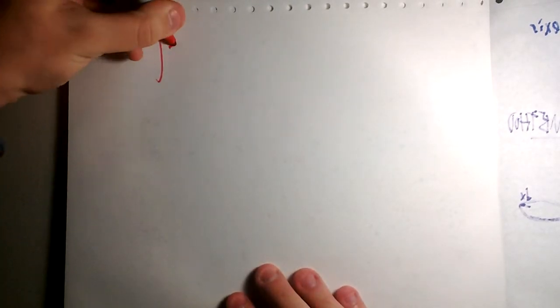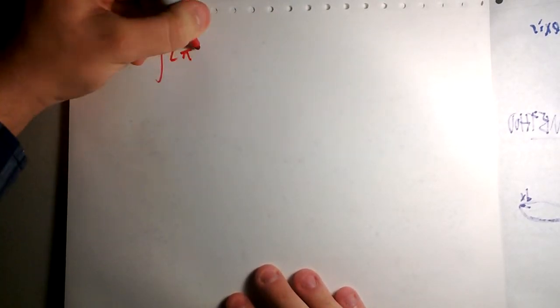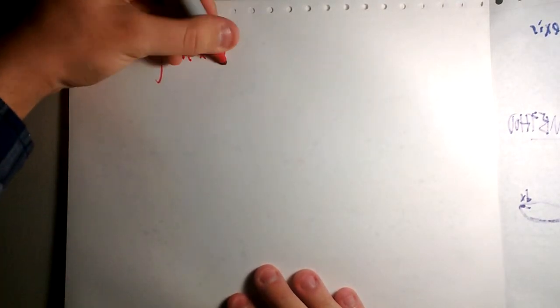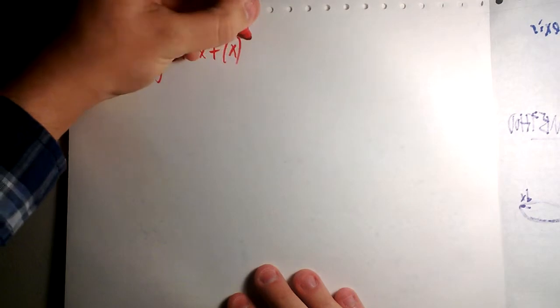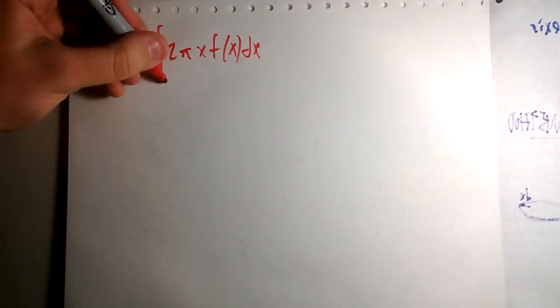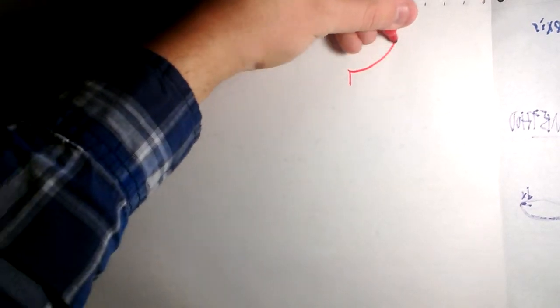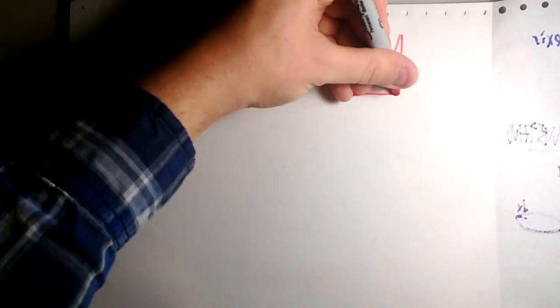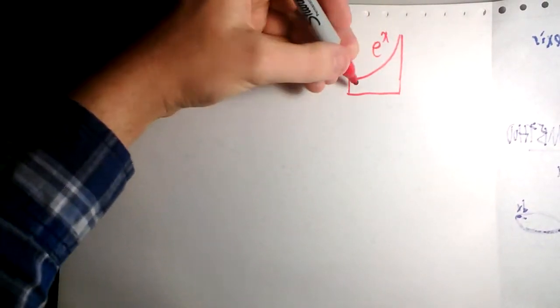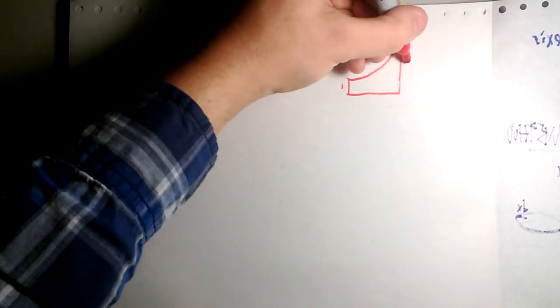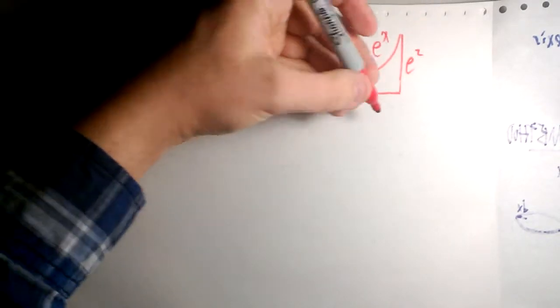So let's try that e to the x problem using this idea called the shell method. And let's rewrite the formula, 2 pi x, because that's the circumference, and then the height, which is our f of x, and then the depth, dx, and we're going from A to B. Now, a function we're going to work with here is e to the x from 0, when this distance is 1, to 2, when this distance is e squared.